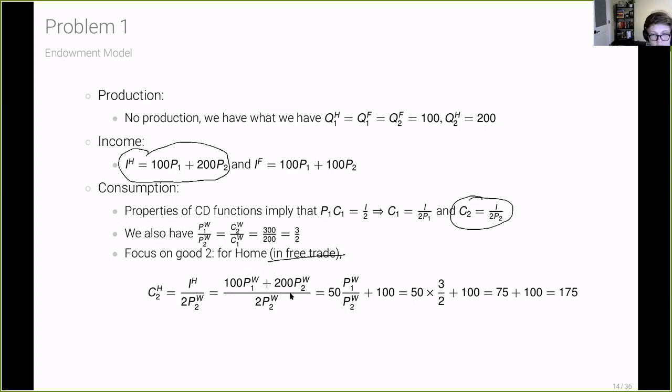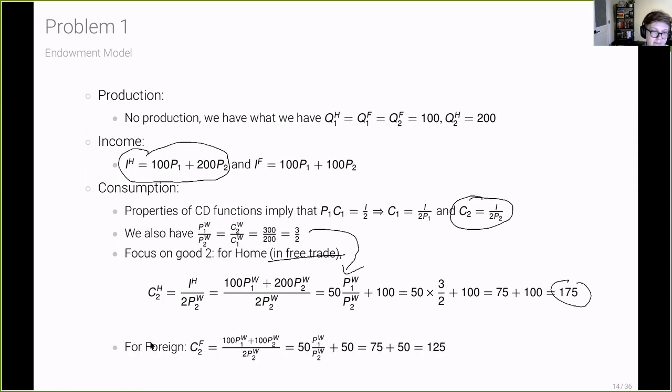If I plug this in here and divide everything by 2 over p2, what I'm left with is 50 p1 over p2 plus 100. And if I plug in the world price, that gives me 75 plus 100, which yields 175. So home is going to consume 175 units of good 2.